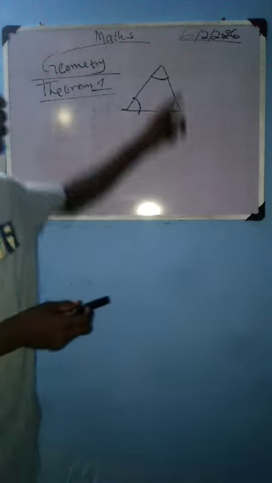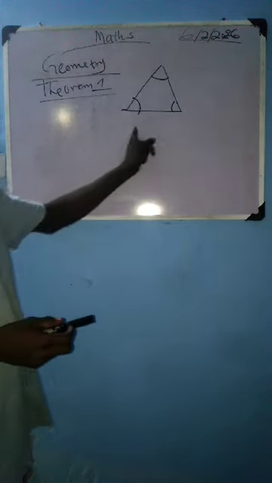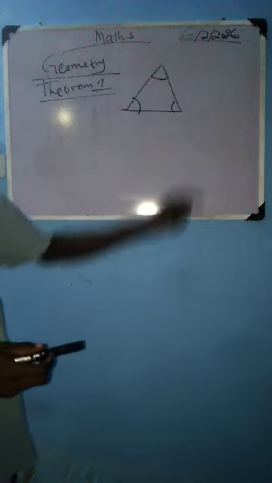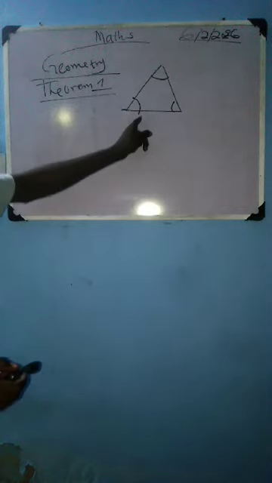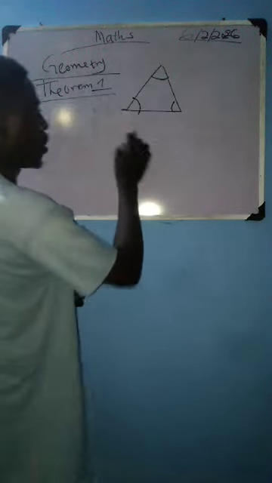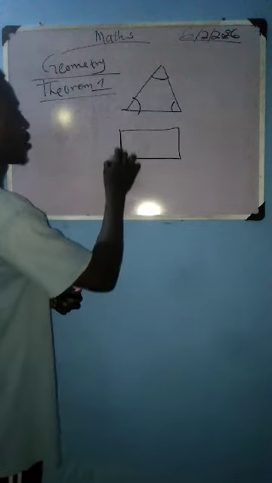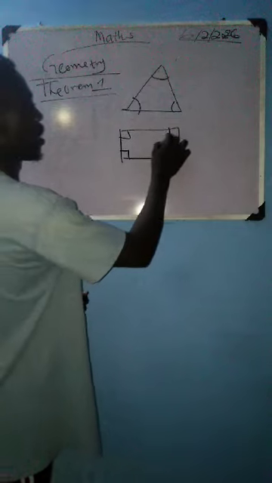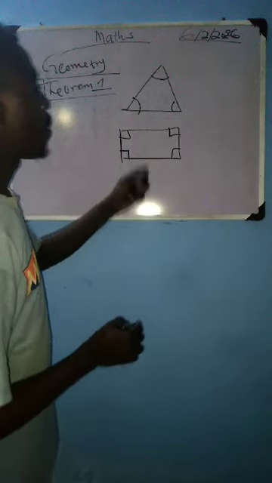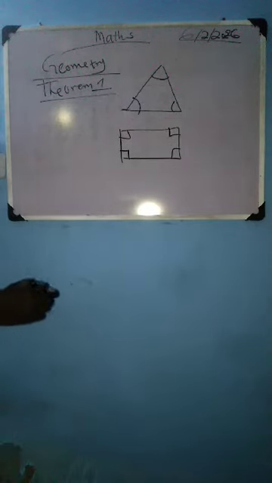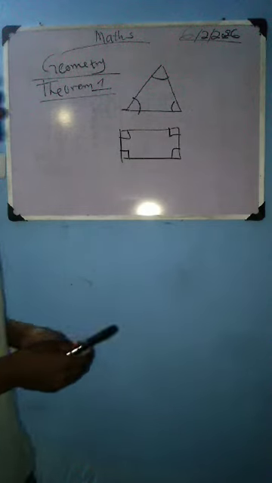That's what geometry is. And that's why this shape is called a triangle. It has three angles. And this one is called a quadrilateral because it has four angles as well as four sides. All right, so that's what geometry is.